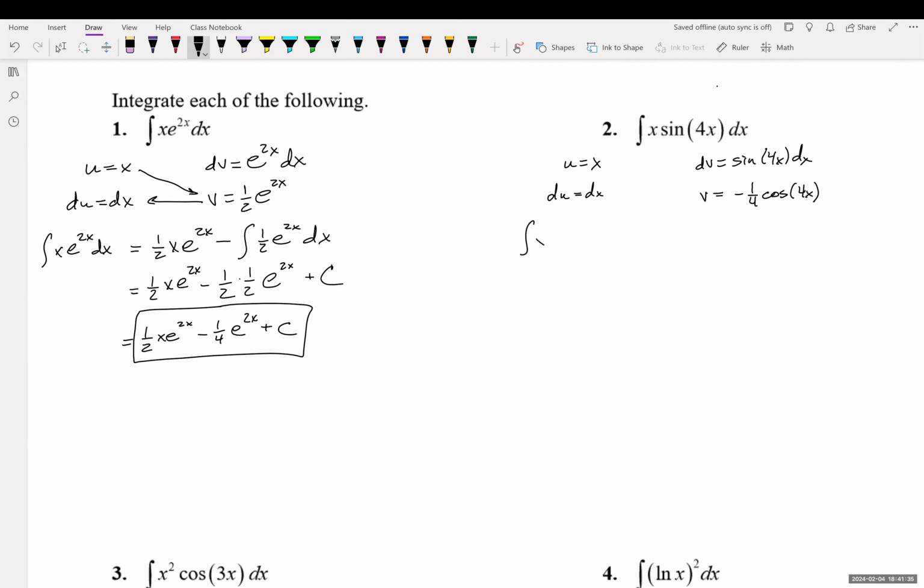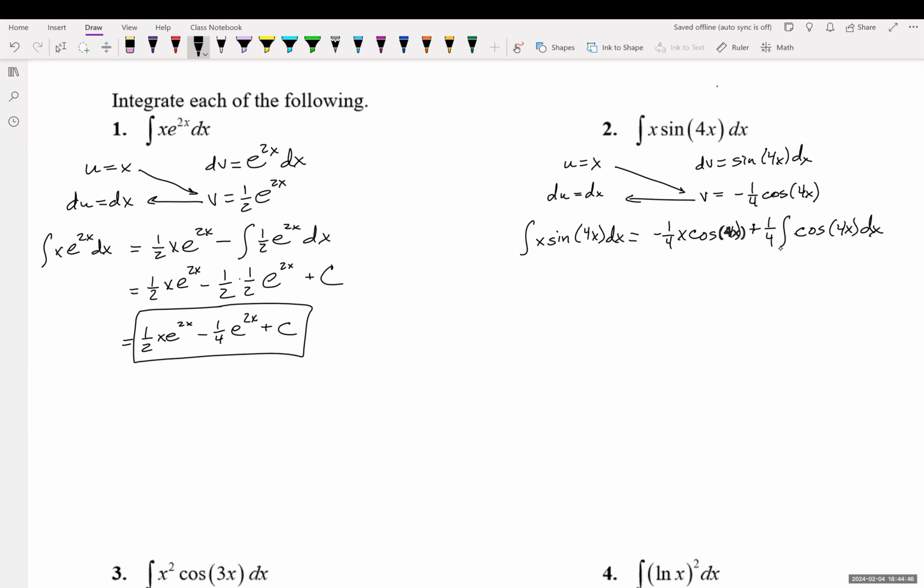So our integral becomes, multiplying here, negative 1/4 x cosine 4x minus the integral here. Well, we have minus a negative 1/4, so that's going to become a positive 1/4 integral of cosine 4x dx.